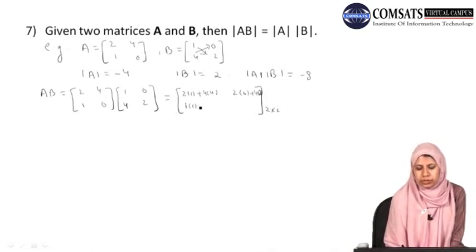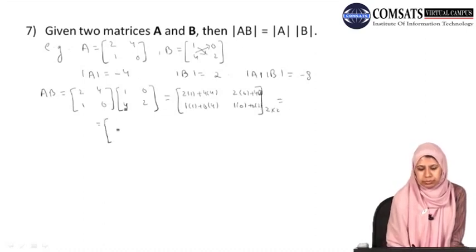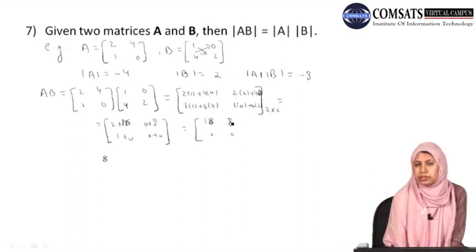1 into 1 plus 0 into 4, 1 into 0 plus 0 into 2, and simplifying we obtain 2 plus 8, 0 plus 8, 1 plus 0, 0 plus 0, which is 8, 1 and 0.